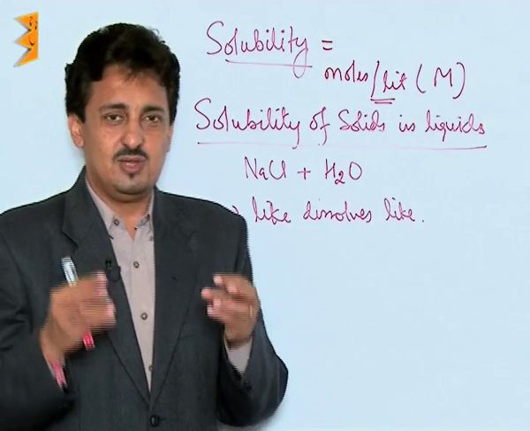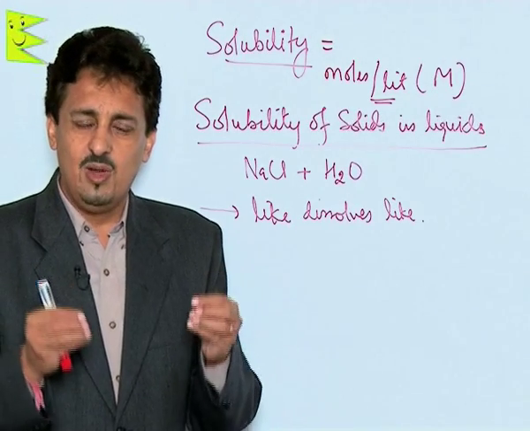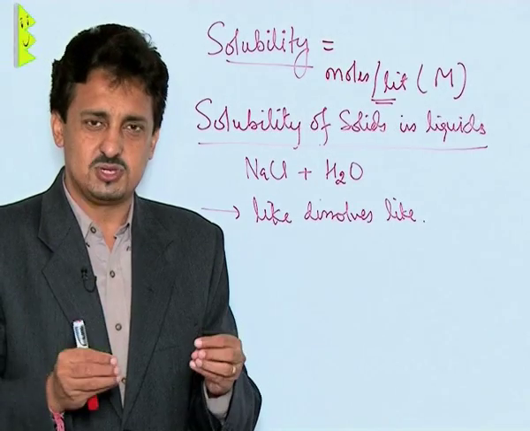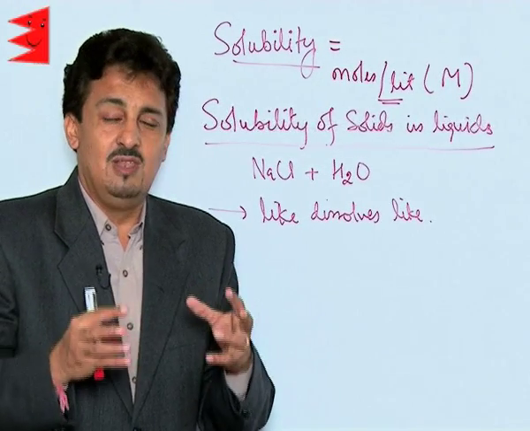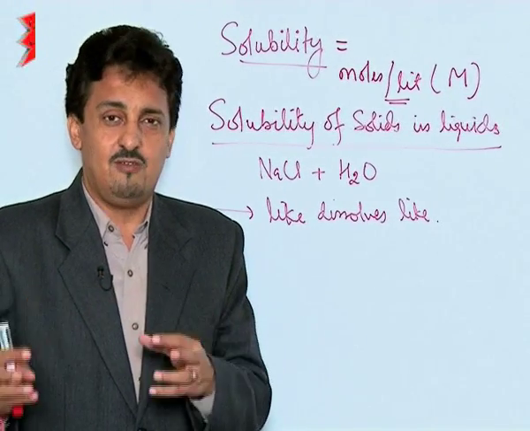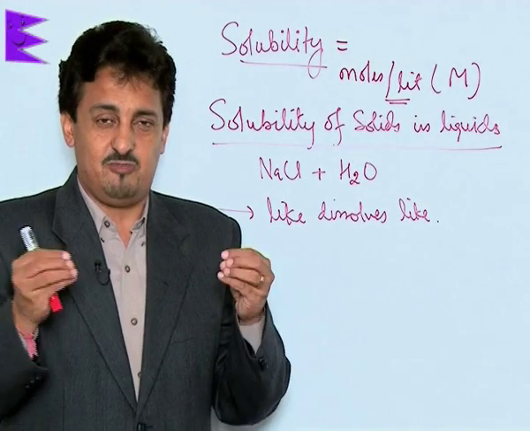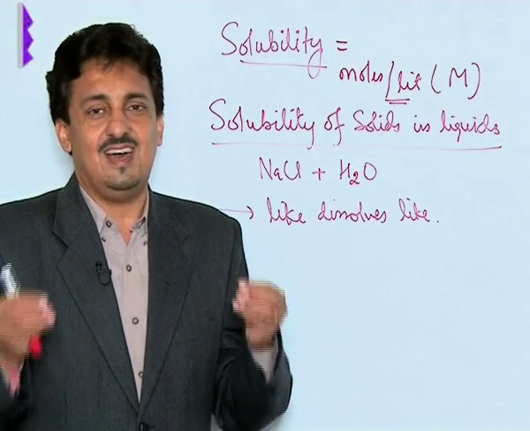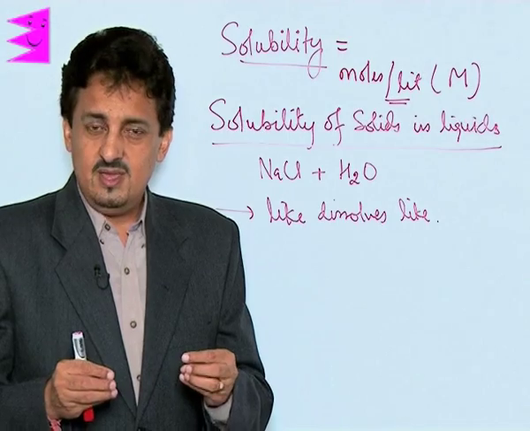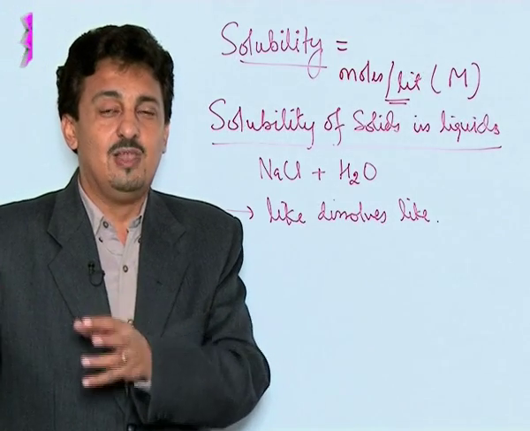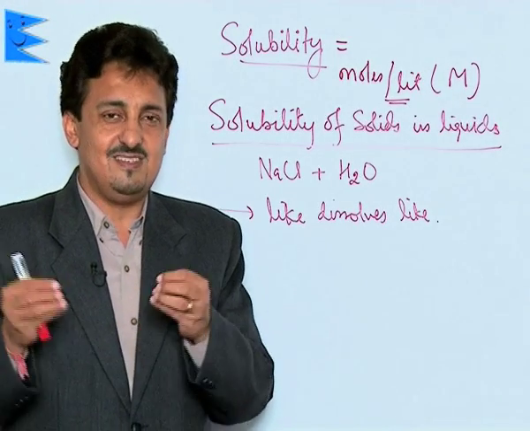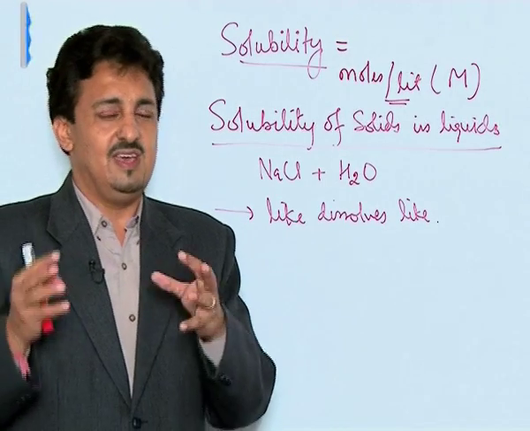If your solute is a non-polar covalently bonded solute, it will not be soluble in water or in polar solvents because it doesn't get broken down into respective ions and it doesn't get hydrated. It will be soluble in non-polar solvents like benzene, CCl4, carbon disulfide, etc.